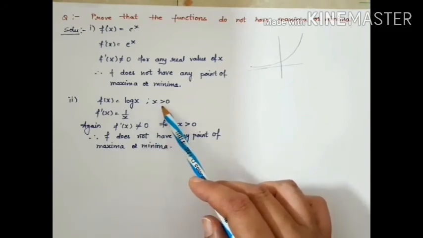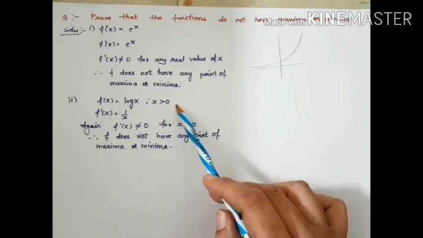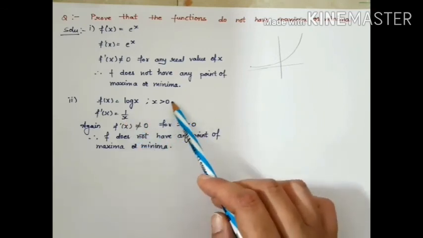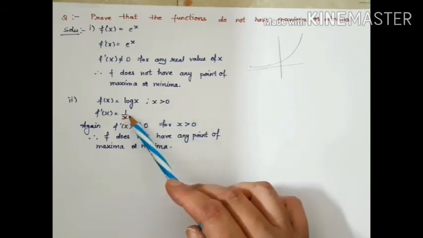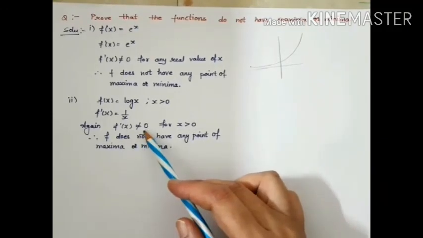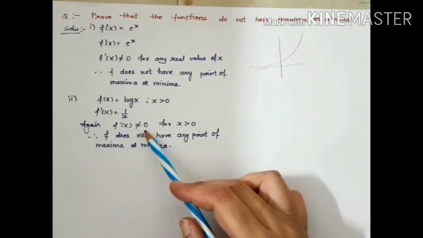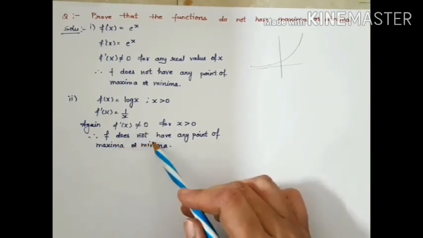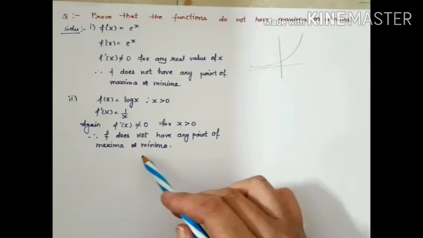X has to be a positive real number, right? And if it is a strictly positive real number, then in no case is this derivative going to be equal to 0, right? So we can say that f does not have any point of maxima or minima.